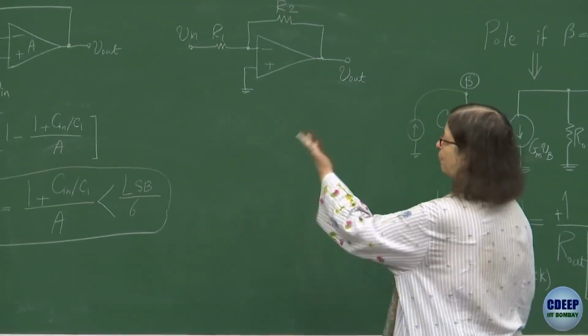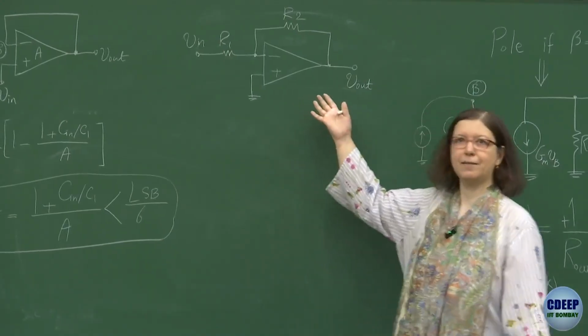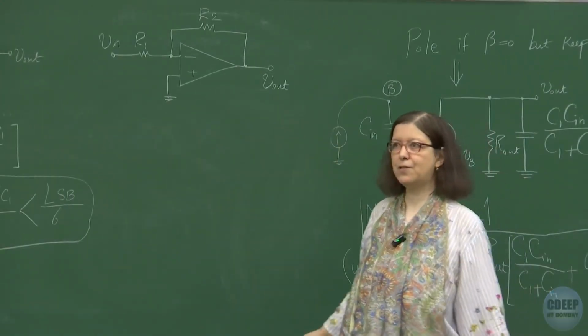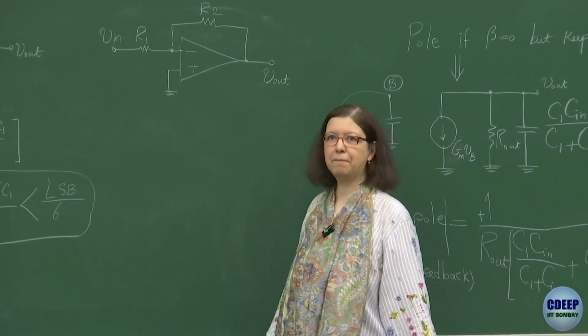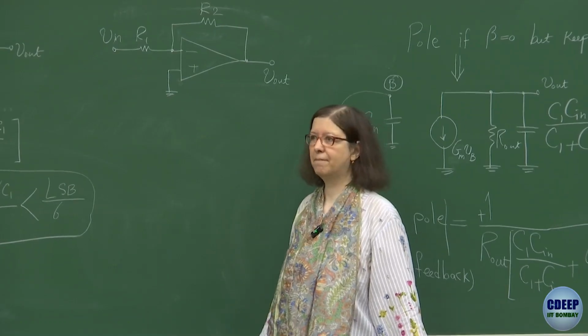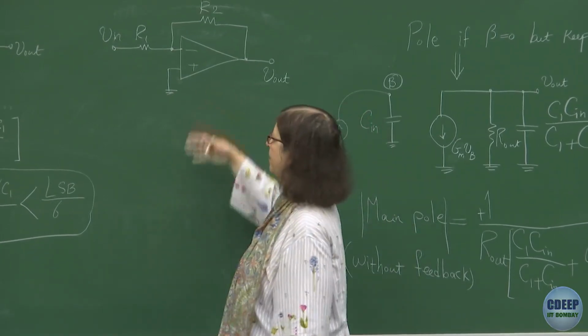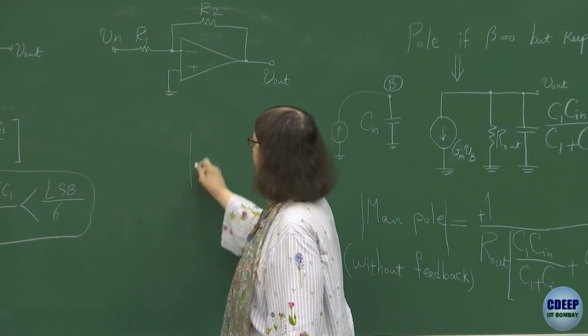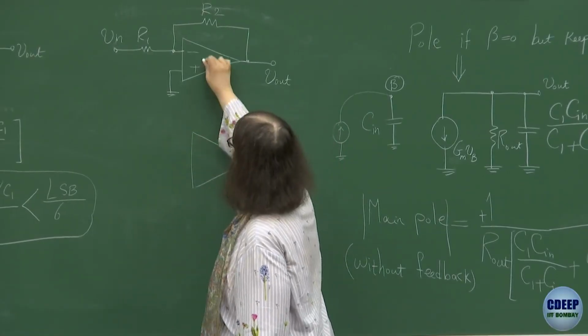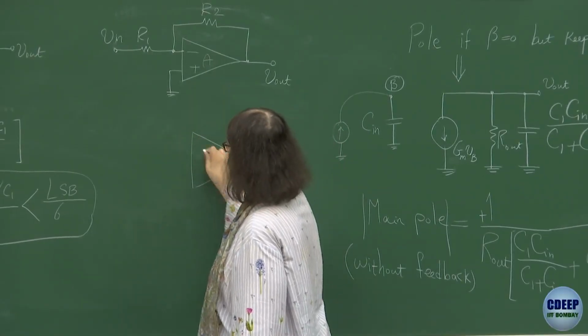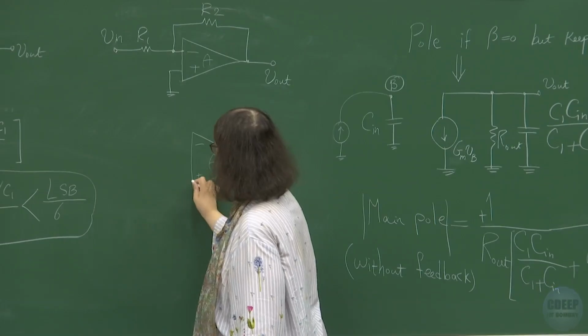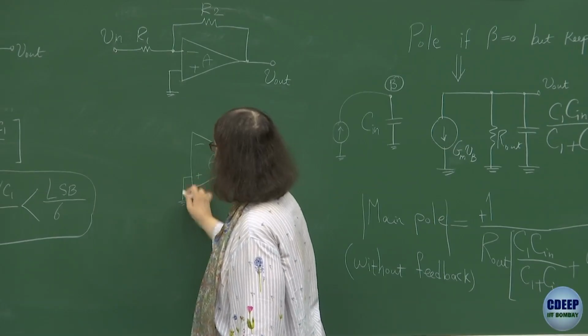Fine. What would be the element which we can replace instead of resistors to make it discrete time? If I want to make an inverting amplifier, the op-amp will remain the same, of course, with enough high unity gain bandwidth and gain.